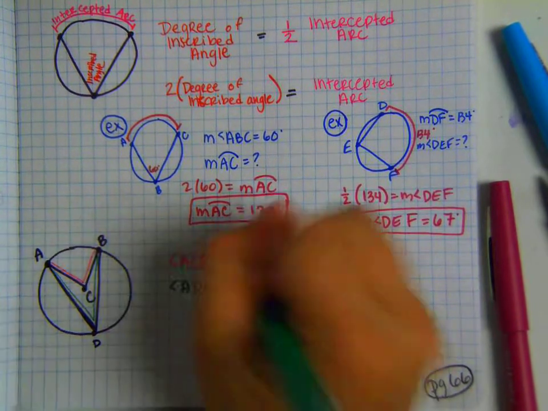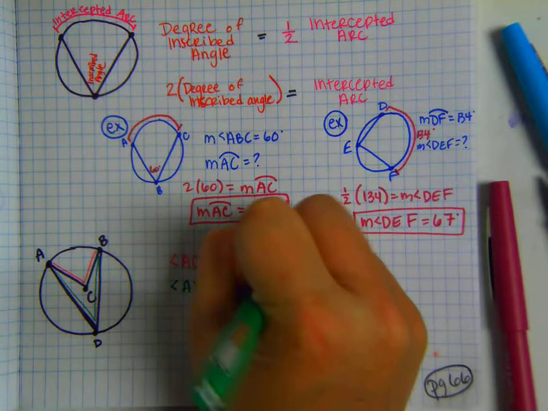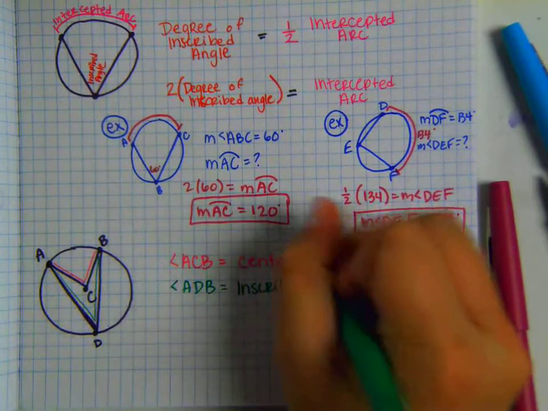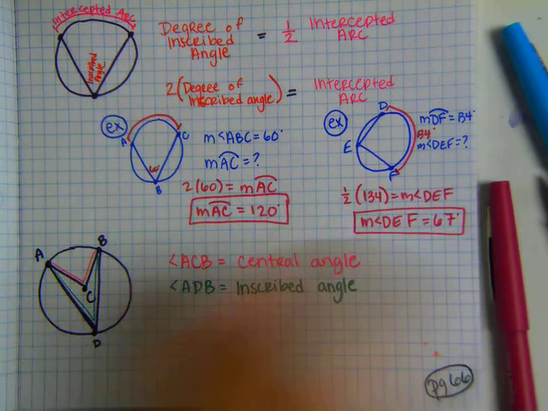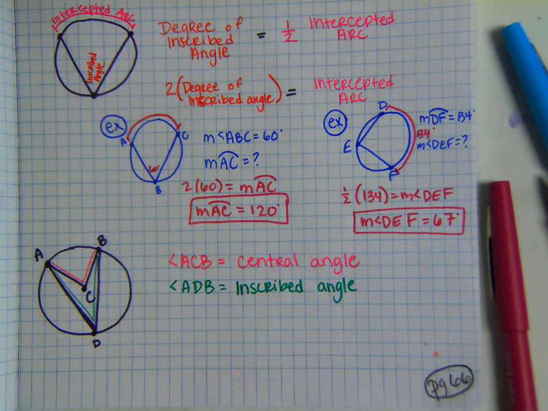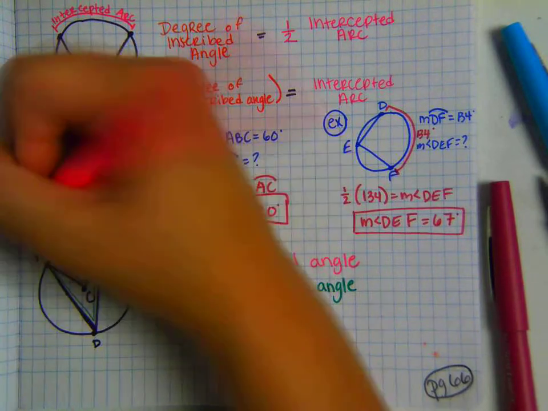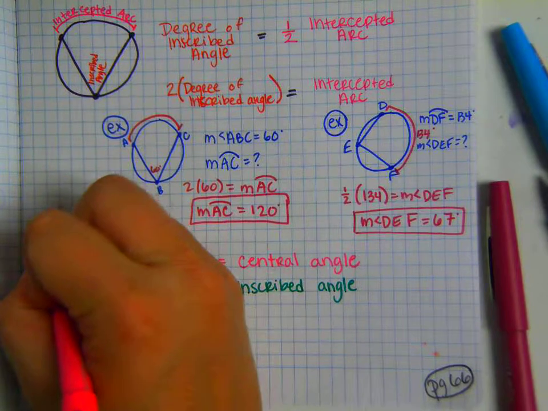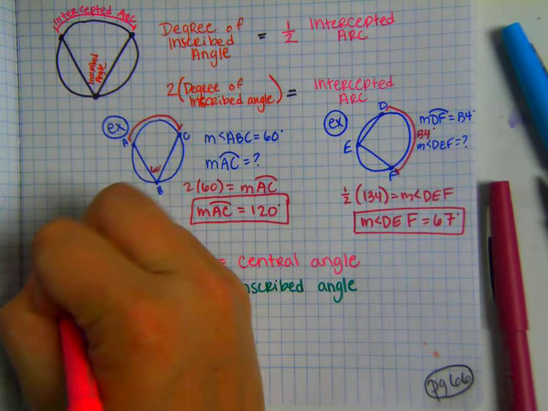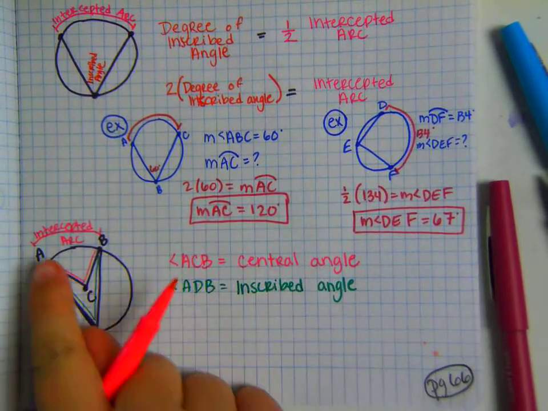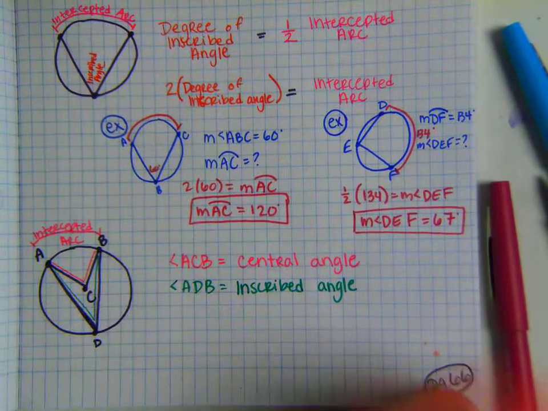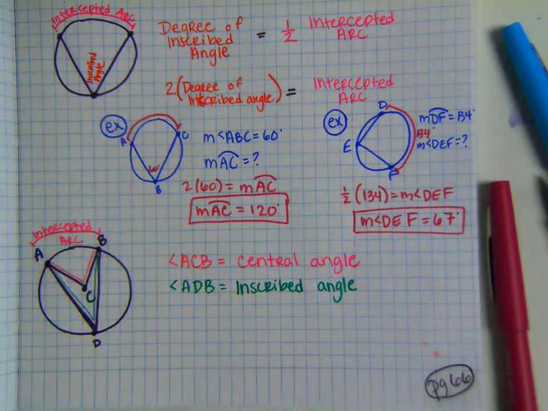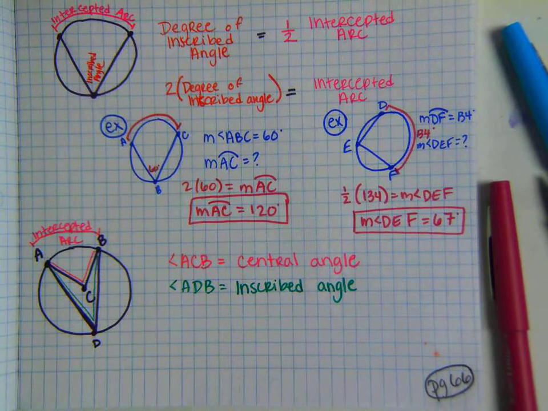ADB is an inscribed angle, because it goes from the outside to the outside to the outside. Okay? So if we have this, you'll notice that they are intercepting the same arc. So this right here, AB, is our intercepted arc. And it's our intercepted arc for ACB, and it's our intercepted arc for ADB, right? AB stays the same.